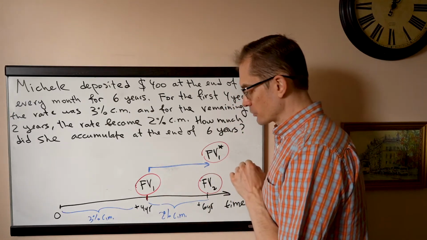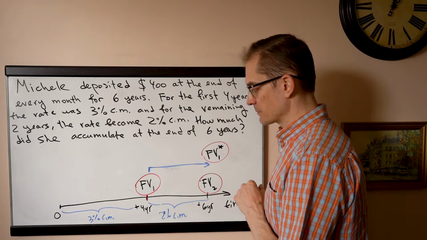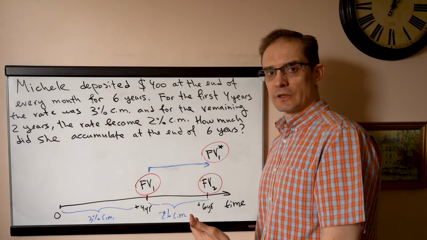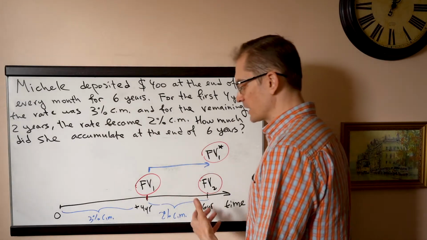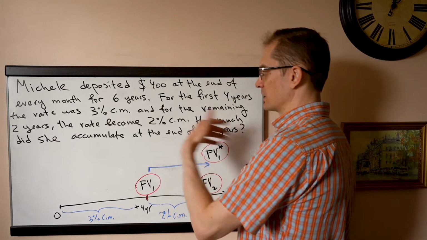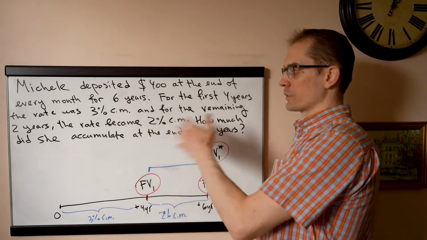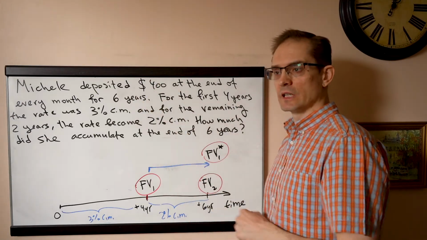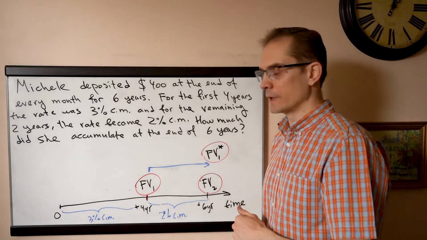And once again, just to stress, a lot of students make this mistake. There are many mistakes which are possible in this problem. One mistake is to find basically one future value for the whole 6 years, ignoring one of the rates. That's a very bad mistake because you cannot just ignore the rate.